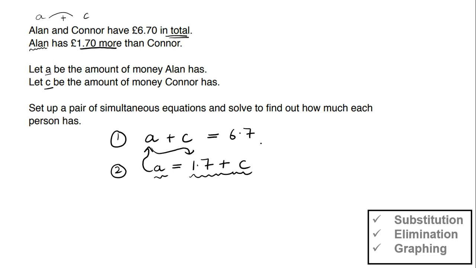So A plus C equals 6.7. Instead of the A, I can put in the second equation's information, that is 1.7 plus C.